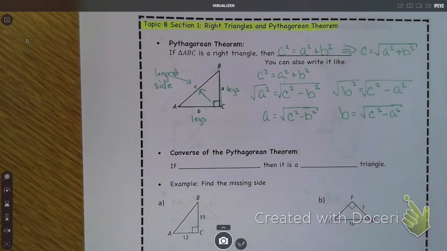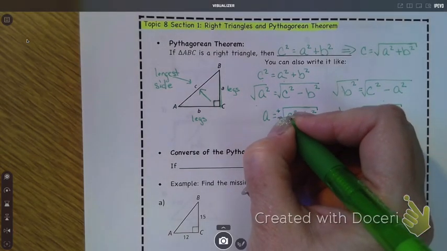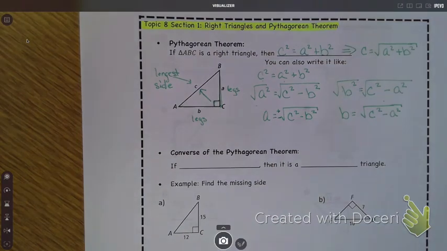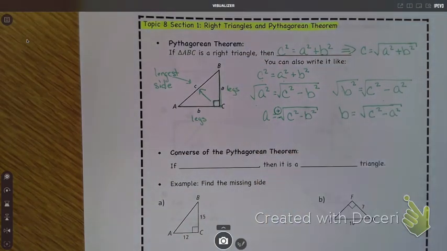Now, really quick, when I take the square root of something, it's really plus or minus, correct? We've talked about that before. But when we're doing lengths, can you have a negative length? No. So on these, it's always positive. If you get into trig, or algebra 2, you'll have the positive and negative and have to deal with both of them.